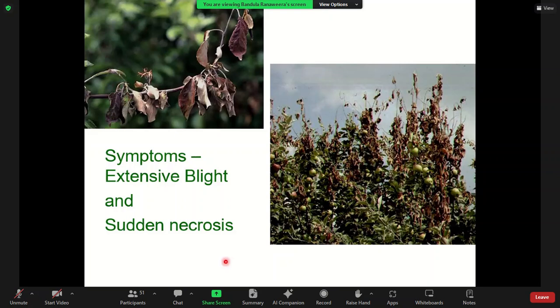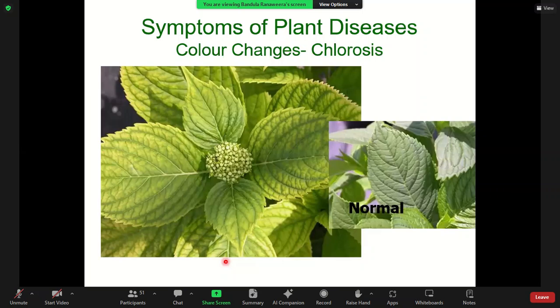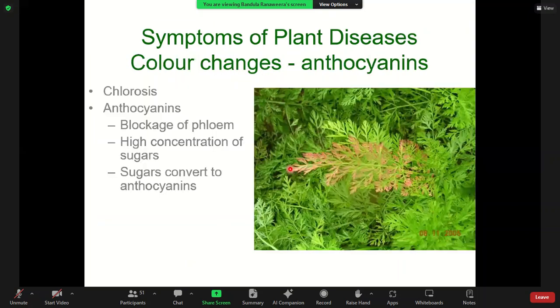So there are multiple types of symptoms. Change of color from normal green color, light or yellowish green color. And sometimes not only reduction of green color, maybe development of some different colors like reddish brown color due to the production of anthocyanins.